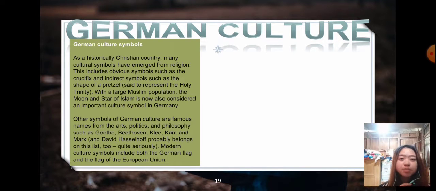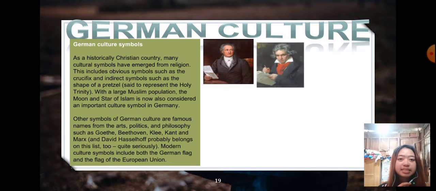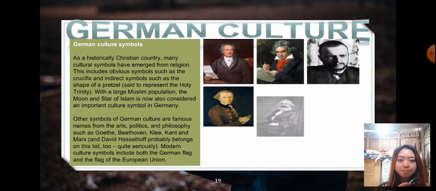With a large Muslim population, the moon and star of Islam is now also considered an important cultural symbol in Germany. Other symbols of German culture are famous names from the arts, politics, and philosophy such as Goethe, Beethoven, Klee, Kant, and Marx.